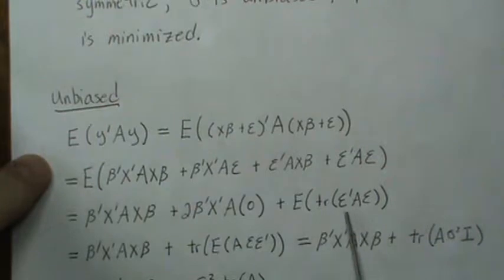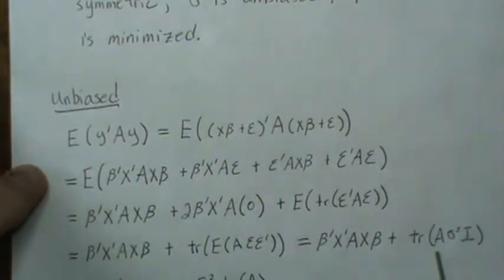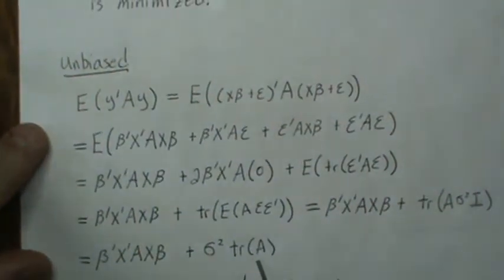I rearrange the matrices to this, and then take the expected value. And this right here is the variance of that estimator. So that stays the same. And in this expected value, the A comes out, and then that's just sigma squared I. Well, that's a constant, so it can come out front, and A times I is just A. So for unbiasedness, this is the case.